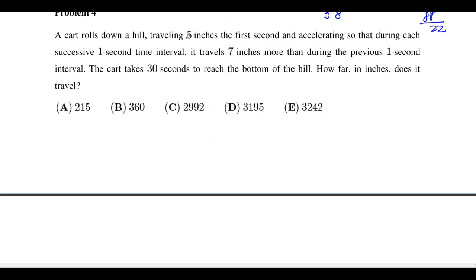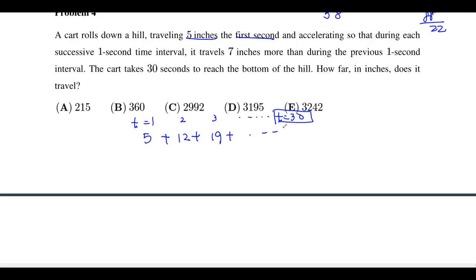Number 4 over here. We have traveling 5 inches for the first term, T1, that is 5. T2 is 7 more than 5, which is 12, and T3 is 7 more than 12, which is 19. Keep going. T is 30 seconds. We're going to find the total distance traveled.